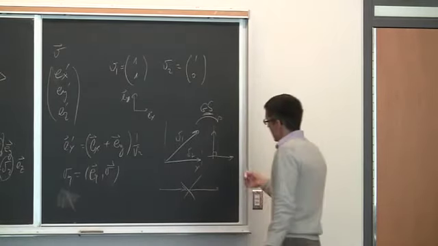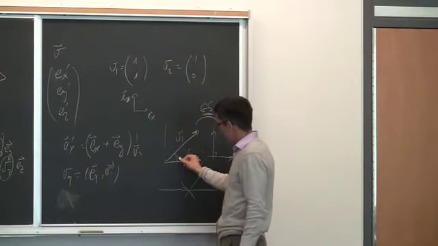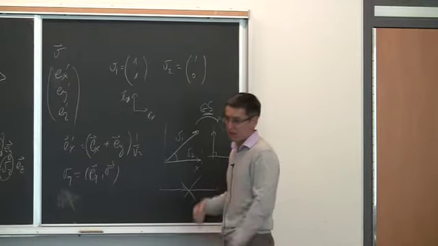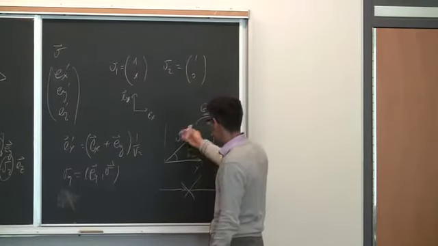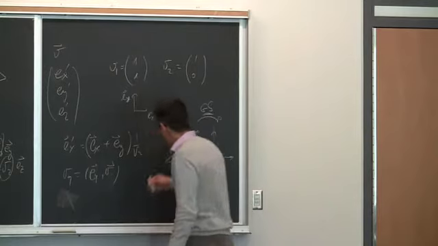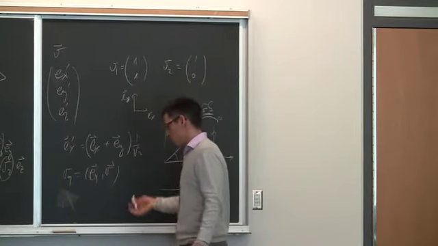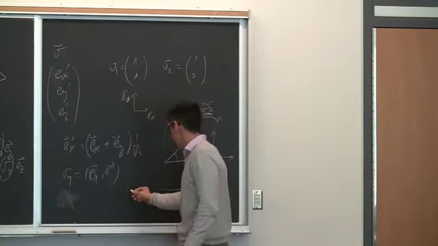Why? Because the dot product between two vectors defines the cosine of the angle, so it defines the projection of the vector on a particular basis vector, and through cosine it defines what it means to be orthogonal.